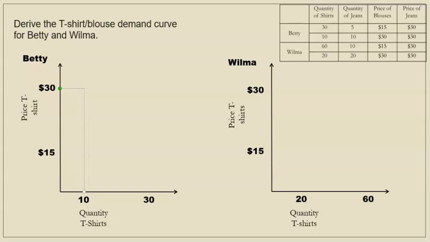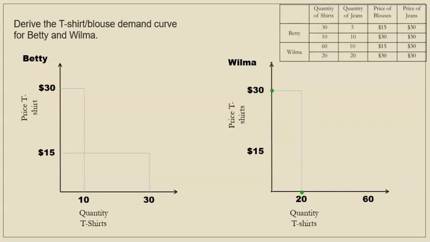And if we were to do this for $15, we are then looking at 30. And we'll continue to do this for Wilma. At $30, we are going to be able to buy 20.